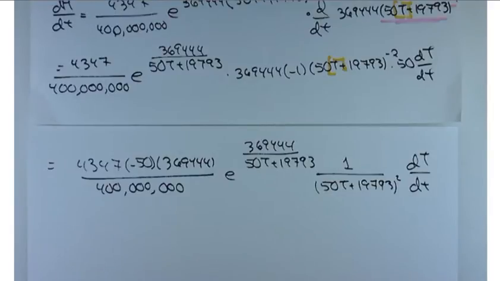To finish off this problem, we needed to do two things. I need to plug in a new temperature, because they ask you for the rate of change of the relative humidity when the temperature is 75 and the rate of change of the increase of the temperature, that is dT by dt, is 2.